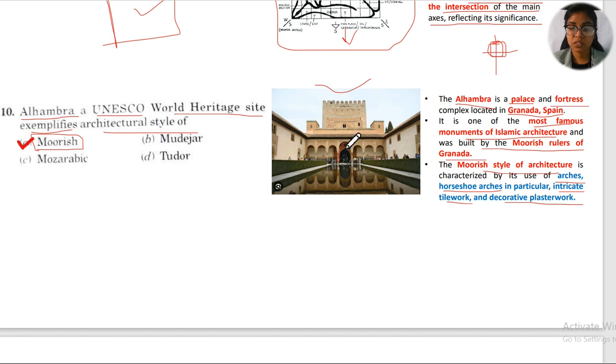As you can see, you get arches, horseshoe shaped arches, tile work and decorative plaster work. Also you can see intricate design work or jali work. These are the features of the Moorish style of architecture which can be seen in the Alhambra, a UNESCO World Heritage Site.